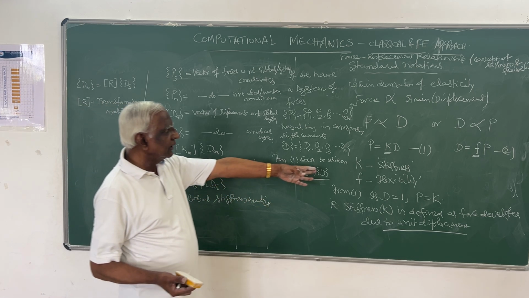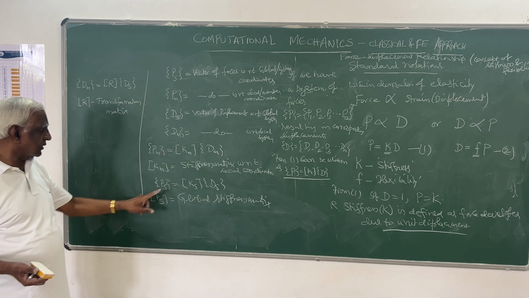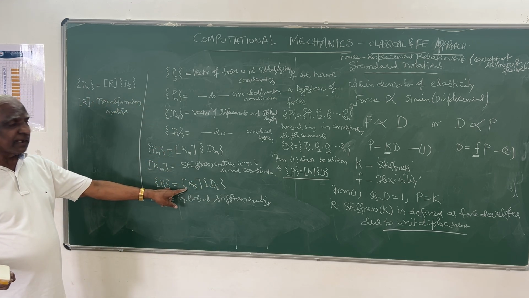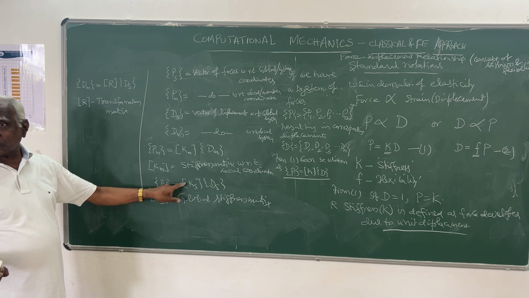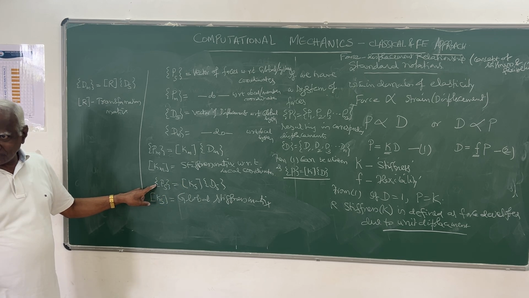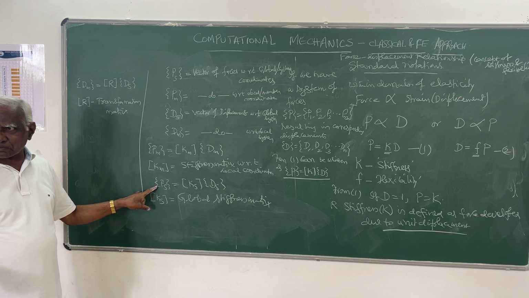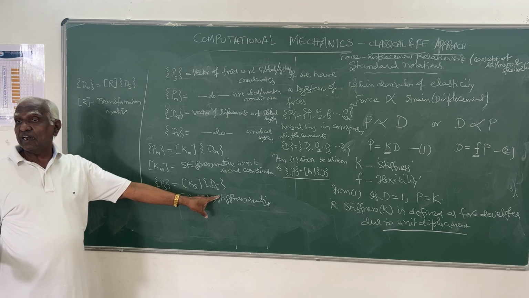So knowing PS, here PS is equal to KS times DS. Knowing KS and PS, we can find the element properties, the major thing. PS is always the external load with respect to the global coordinates, and you can evaluate DS.